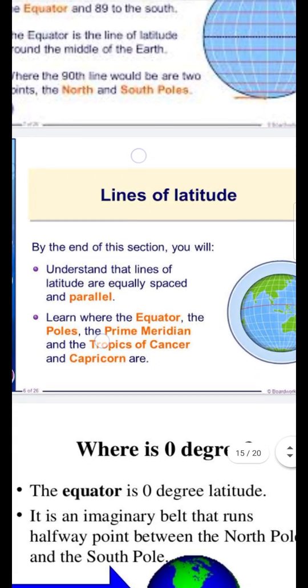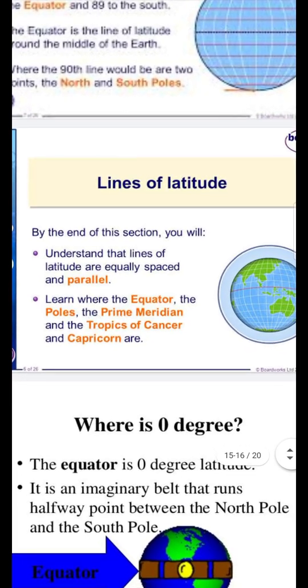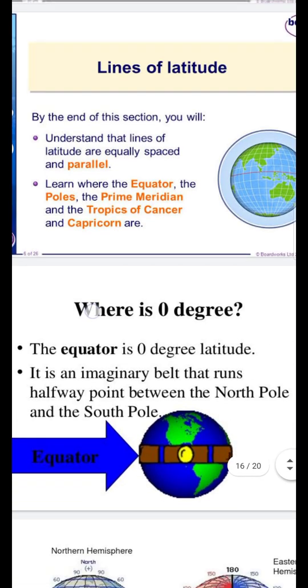Lines of latitude. By the end of this session, you will understand that lines of latitude are equally spaced and parallel. Learn where the equator, the poles, the meridian, and the Tropic of Cancer and Tropic of Capricorn are.